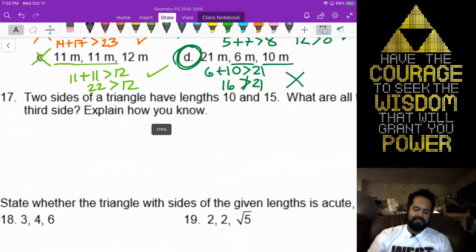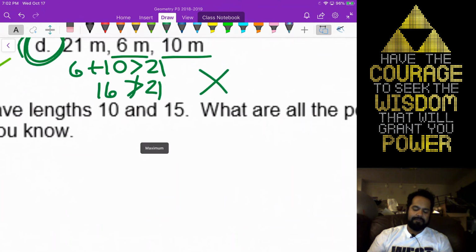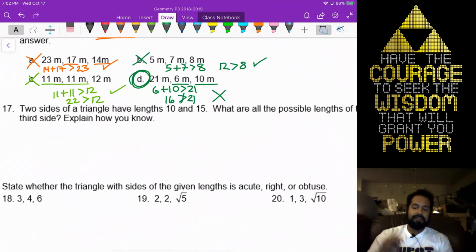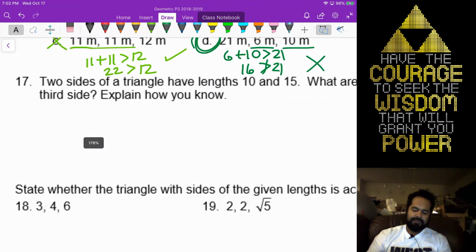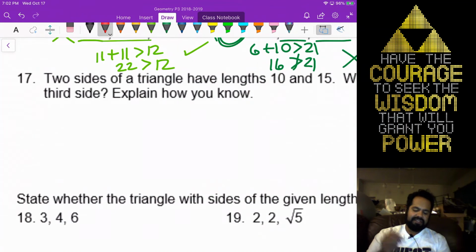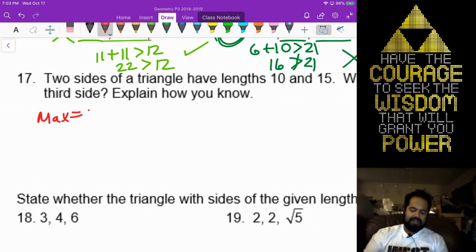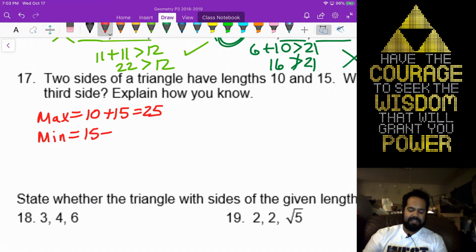2 sides of the triangle have these lengths. What are the possible lengths of our third side? Again, just like we did on our quiz, we take our max value by saying 10 plus 15, getting us 25. We find that our minimum value is going to be 15 minus 10. Now again, your answer is going to be one of two forms.